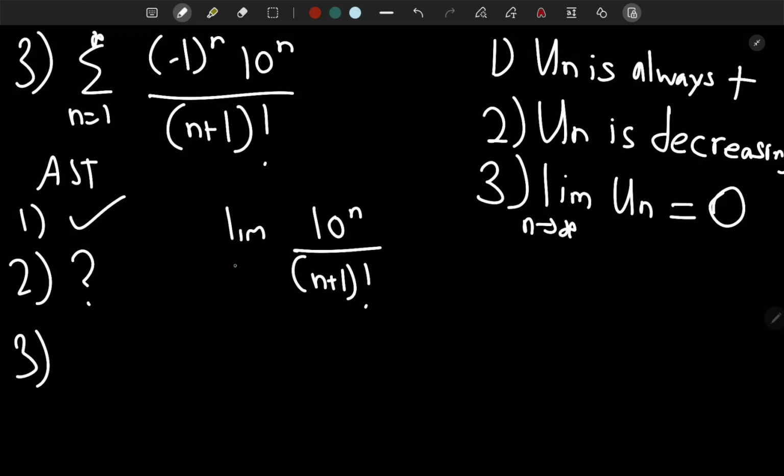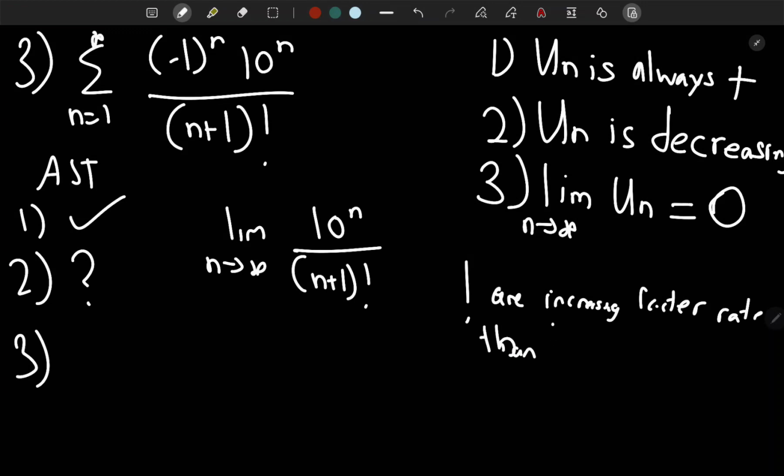So if we take the limit of n approaching infinity, what will we get? Will it be 0? I have mentioned this before. One general rule that you need to remember is that factorials increase at a faster rate than base exponentials.